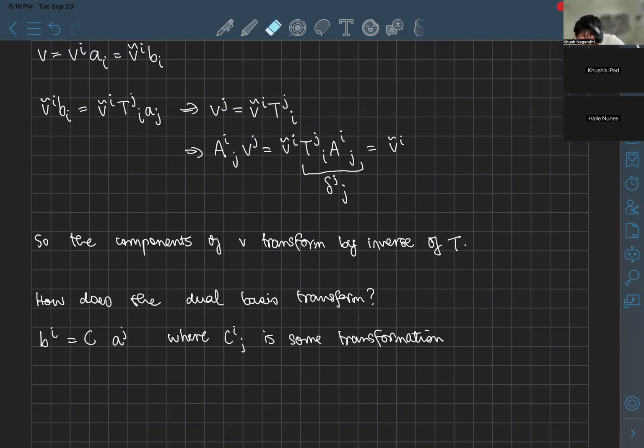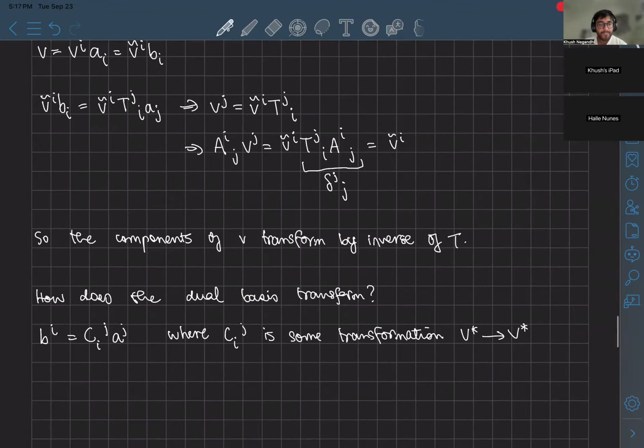We technically have to write this as C_ji because the order swaps, but we can afford to not be that stringent just yet. It is some transformation from V dual into V dual.